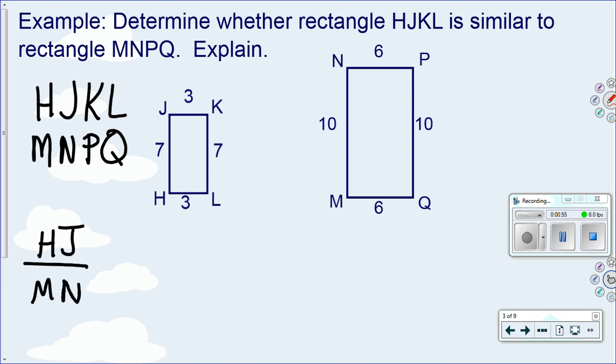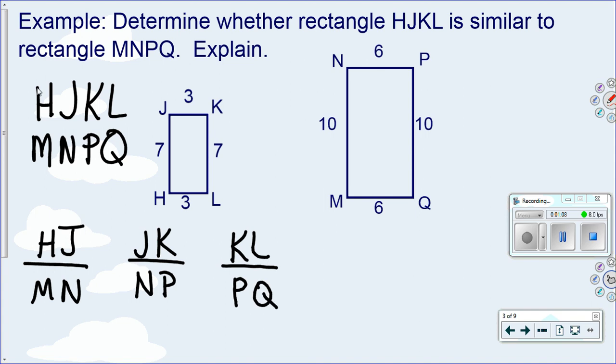MN. What about JK? NP, KL, PQ, and lastly we have HL and MQ. Okay, so just from these statements we figured all this out.